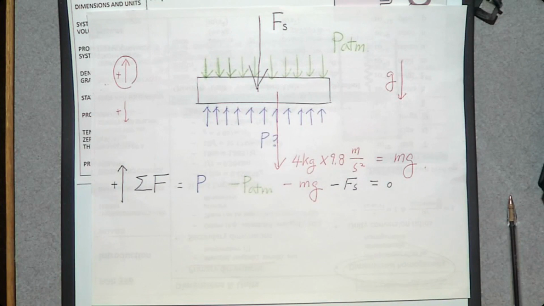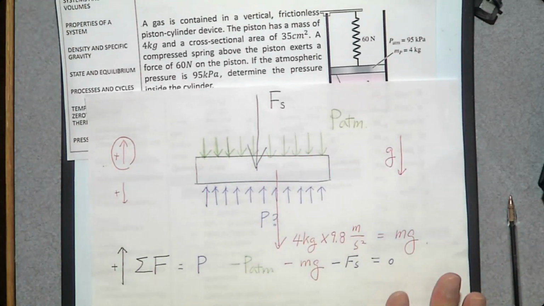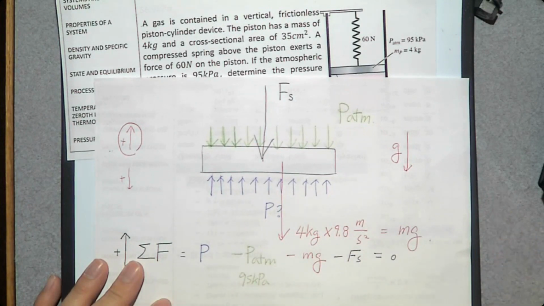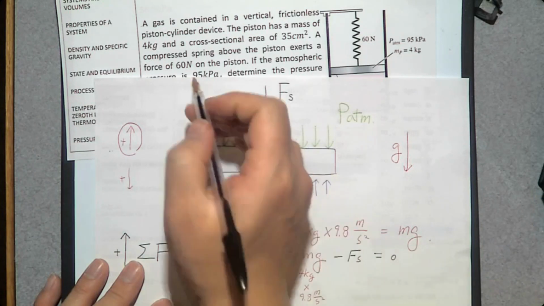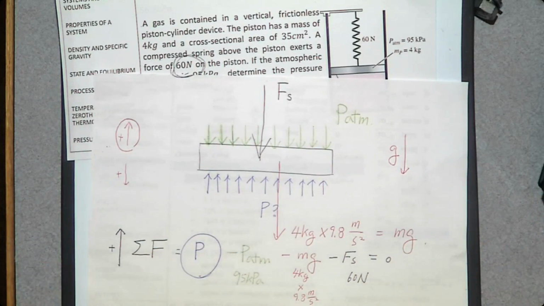And we know the atmospheric pressure is 95 kilopascal, and the mass of the piston is 4 kilograms, and the gravity is 9.8 meters per second squared, and the spring force is 60 newtons. So if we say 60 newtons here, then you can calculate this pressure, right or wrong?